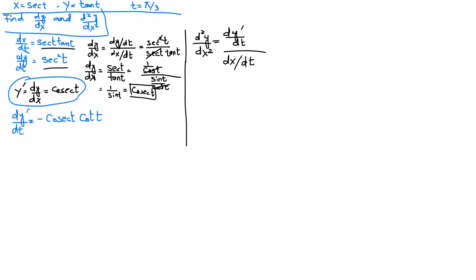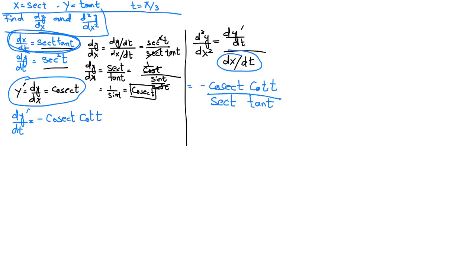Okay, and this value is the same as this one. So substitute these two values. What will I get? Minus cosecant t into cotangent t divided by secant t into tangent t.